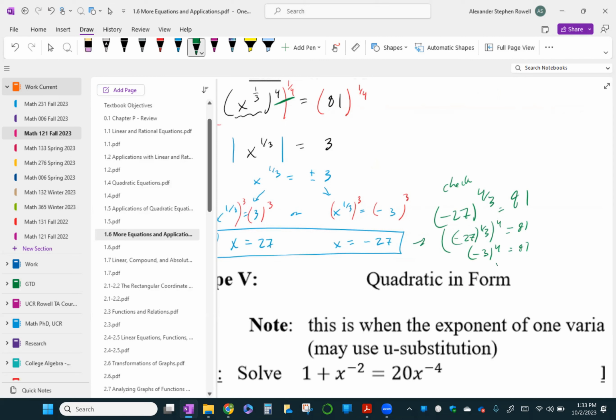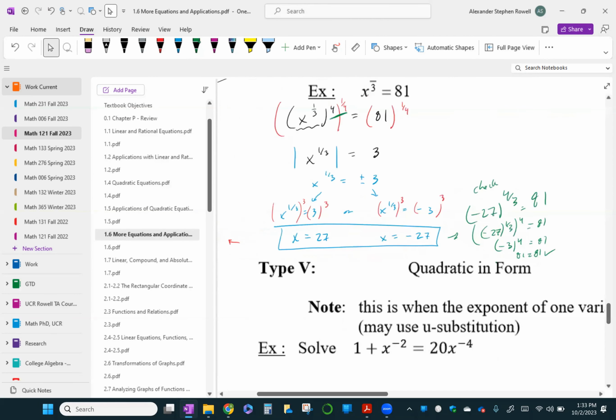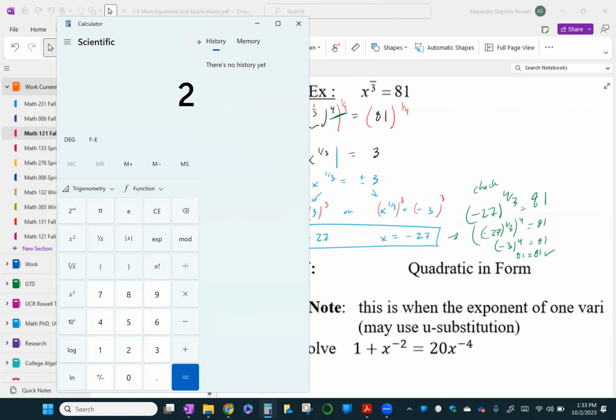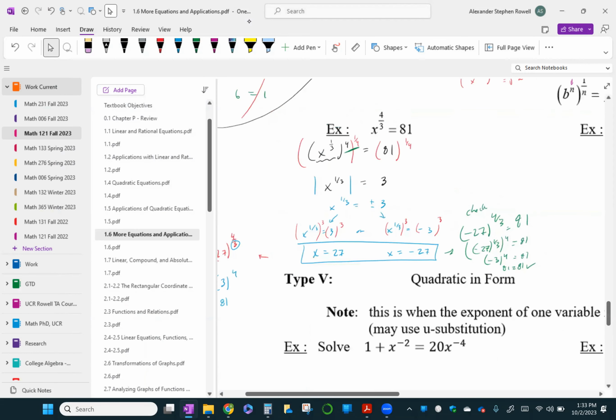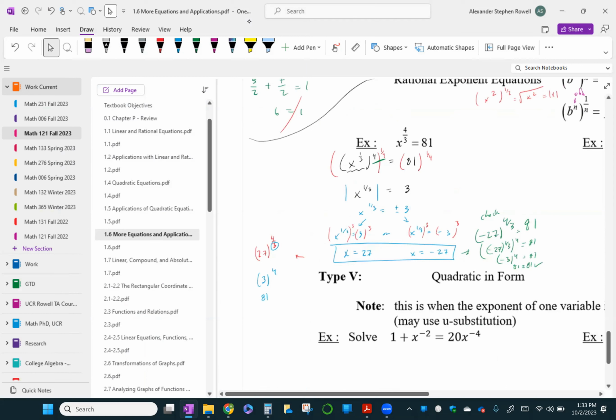If you raise it to an even power, you get 81 is equal to 81, and it checks out. All right, likewise, you could just write 27 raised to the power of 4 divided by 3, and your calculator can check right away. 81. Any questions about this?